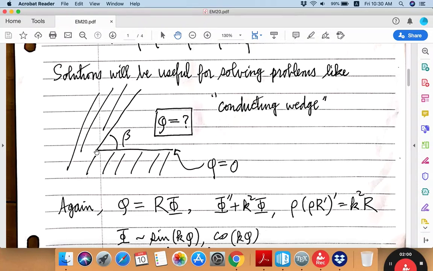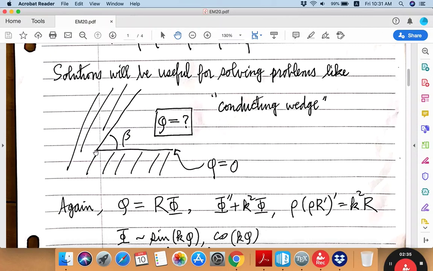So here is a wedge, and the unshaded region is the vacuum, and the shaded region is a conductor. So you take a piece of a conducting sheet and bend it at this angle beta, and ask what is the resulting potential and the electric field in the region in between, inside the wedge.